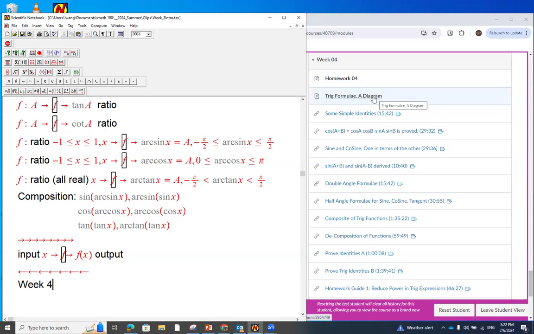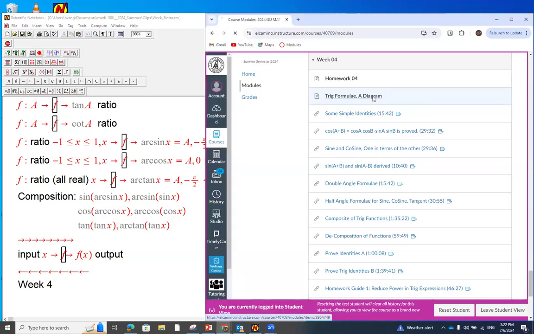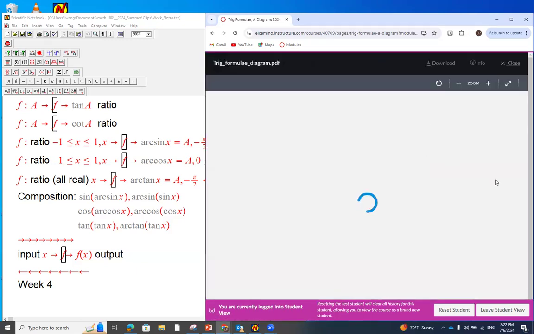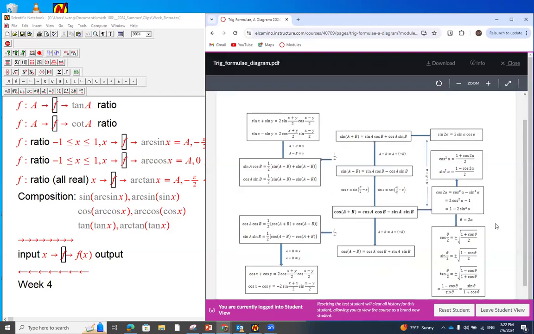I have a diagram, and I'll show you the diagram. This diagram is something you can use and you will be using pretty often. Number 1, you can use these formulas directly. And number 2, I encourage you to learn to derive all of these formulas by yourself, and that will increase your algebraic skill.